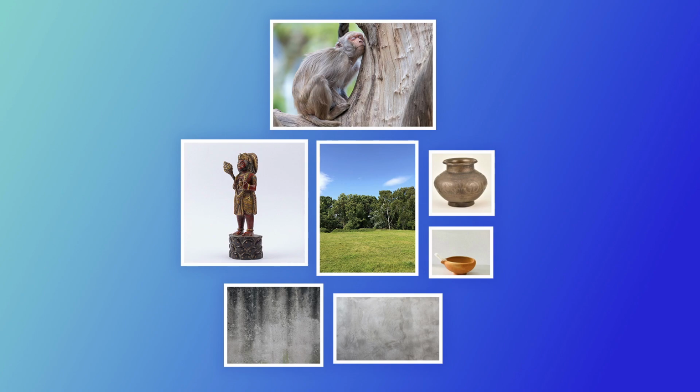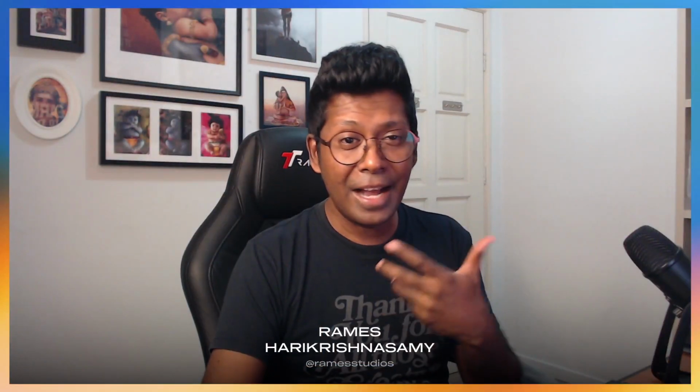We also have a park, and there's a pot, a clay, and two textures of cement that I'll be using, right? So super happy that I can finally show you guys how I create all these artworks using Photoshop.